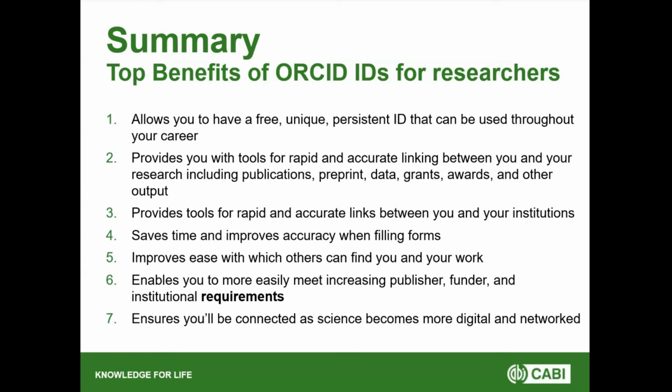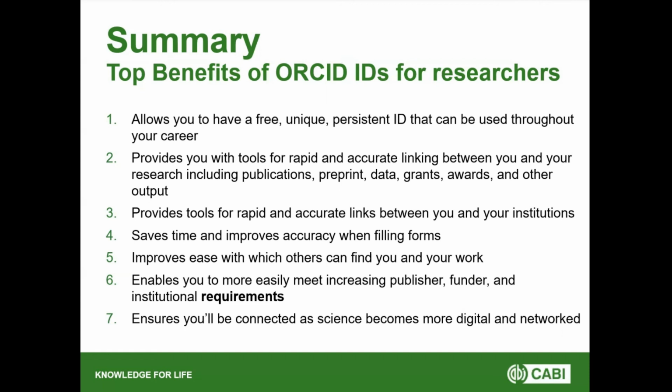It provides you with tools for rapid and accurate linking between you and your institutions. You may have multiple institutional affiliations. You may change institutional locations over time. ORCID will allow that to stay tracked. ORCID IDs will save you time and improve accuracy when filling out forms.